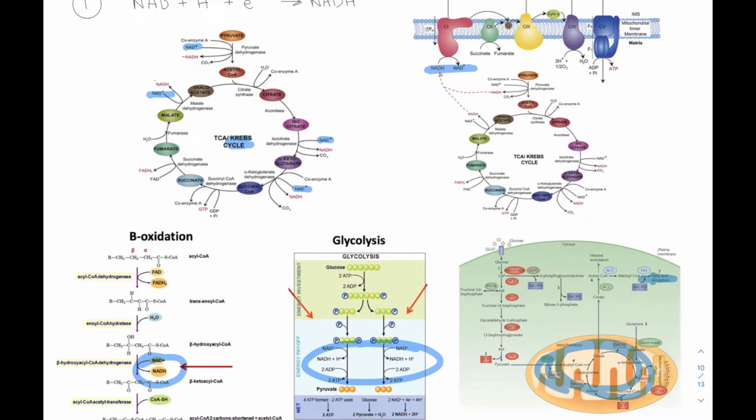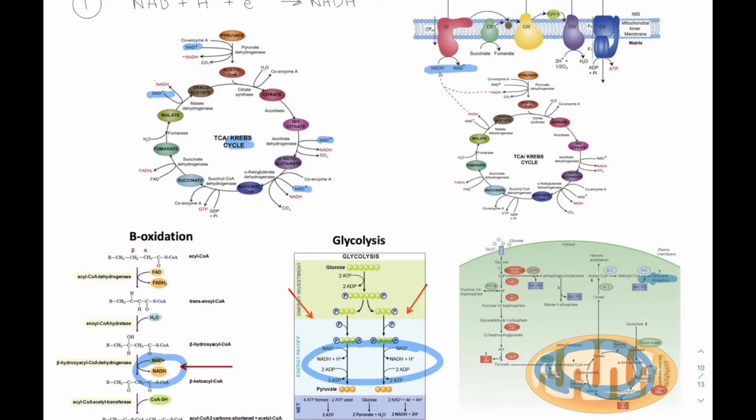When NAD acts as a cofactor for these oxidation reduction reactions, it's gaining an electron and it's gaining a hydrogen. So then we see it as NADH. So you can see here where I have it all highlighted, NAD is being used in the Krebs cycle, where we can make energy.